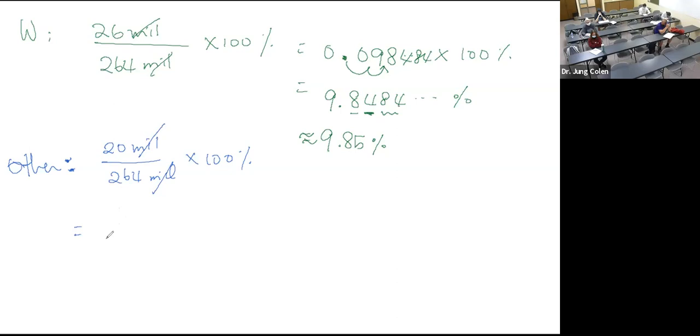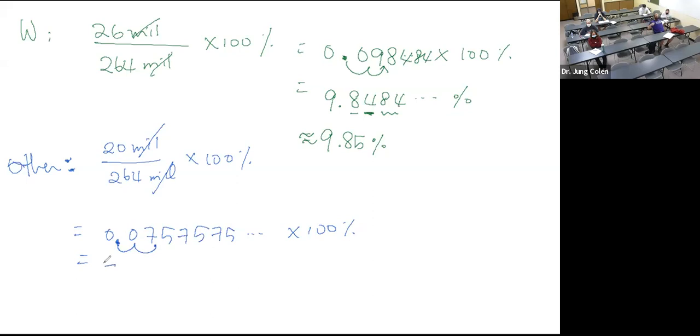Anybody? What did you get? 20 divided by 264? 0.0757. 0.0757 is repeating? Okay. Times 100%. So we need to move the decimal point to the right by 2.